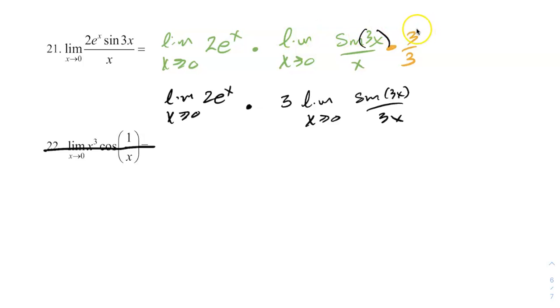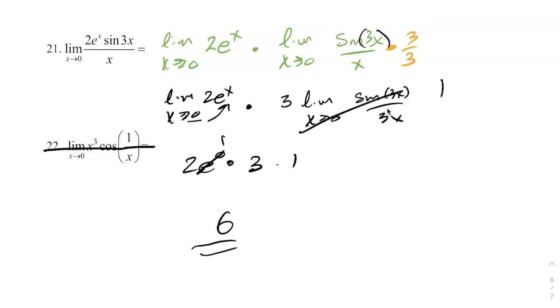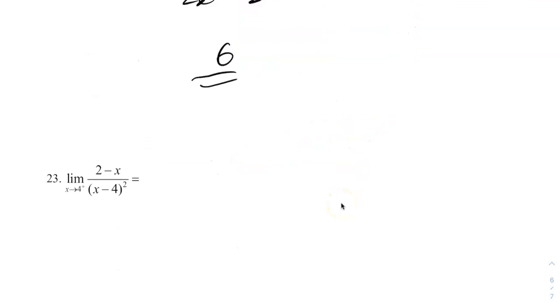Remember, that's the whole point. I can't bring this into here. This is locked in, so you just have to move the 3 here and move this to the front. So get this. All of this is 1. This right here, just plug the 0 in. You get 2e to the 0 times 3 times 1, which gives us 6. The e to the 0 is 1 also. So there we go. Let's move on.